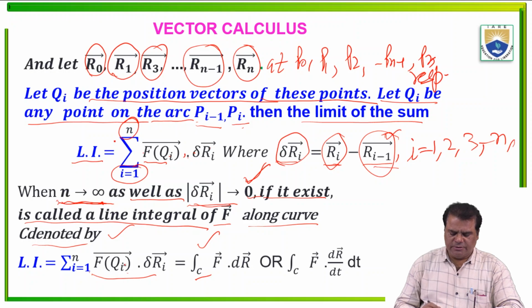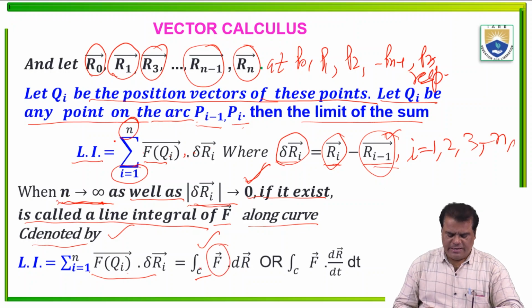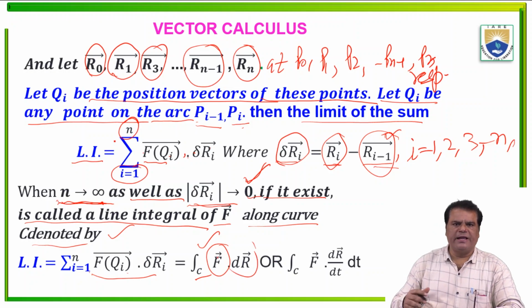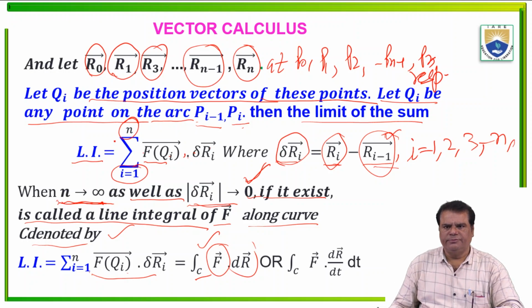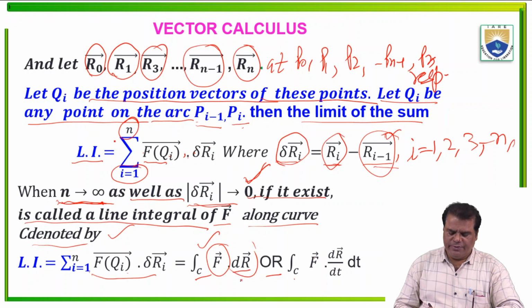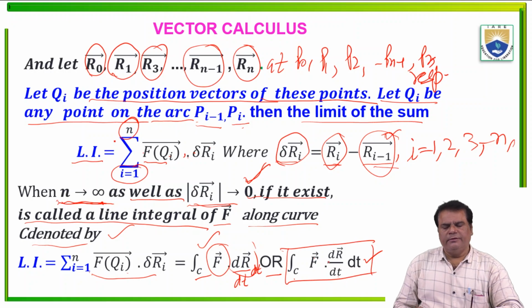Then this converts into the vector point function f and delta ri converts into dr vector, after applying the limit. Or we can say the integral over C of f vector dot dr over dt. We divide by dt and multiply by dt, so dr over dt into dt. This is the formula for the integral.